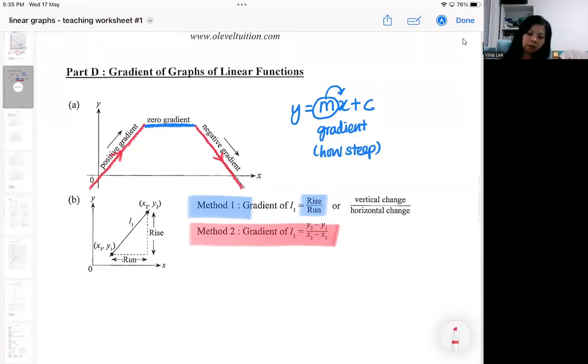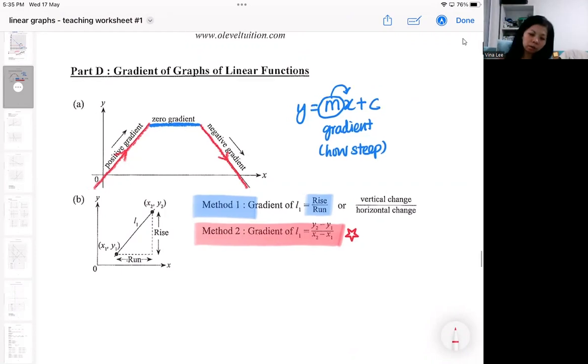So I'll be using the second method, and this second method of calculating gradient will still be valid when you go to upper sec, sec 2, sec 3, mainly sec 3. In sec 3, there will be another topic that uses a lot of the gradient formula, so you will stick to this gradient formula. I will not be using the rise over run.